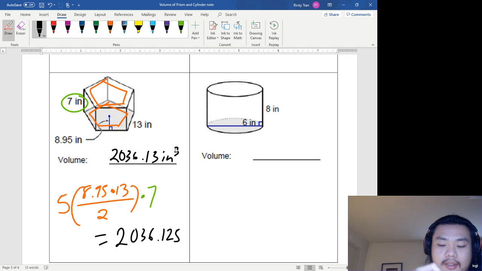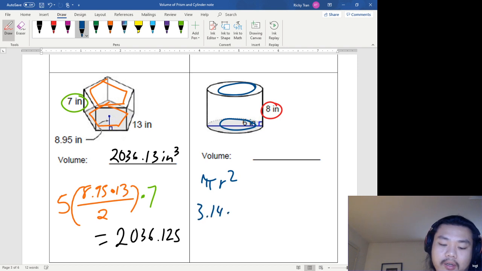So let's do the cylinder. Circle, circle. Here's the height right here. Remember, pi r squared. R is half the diameter. Since they're given the diameter, it's going to be 3.14 times 3 squared times 8.